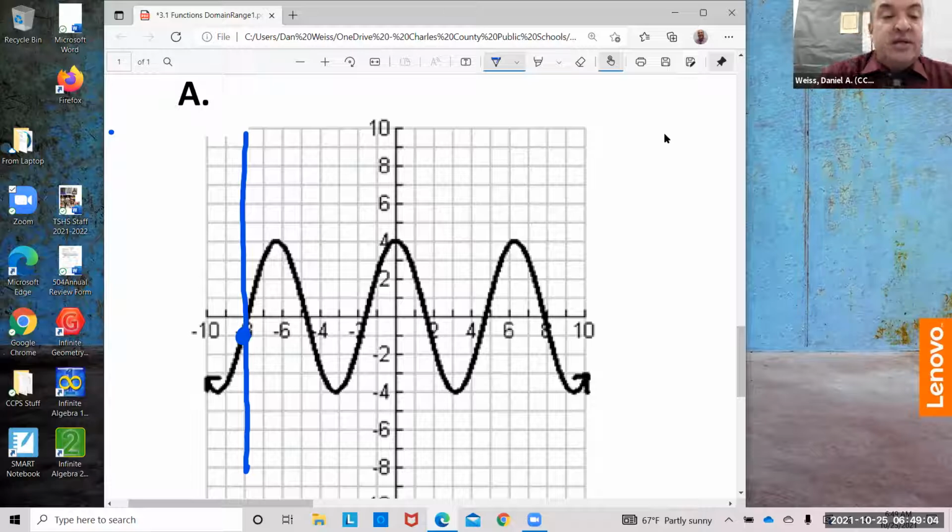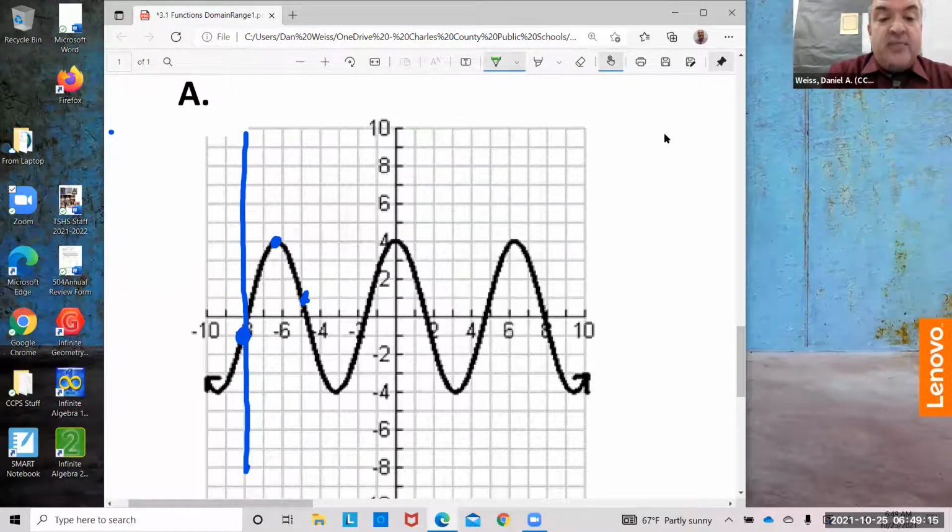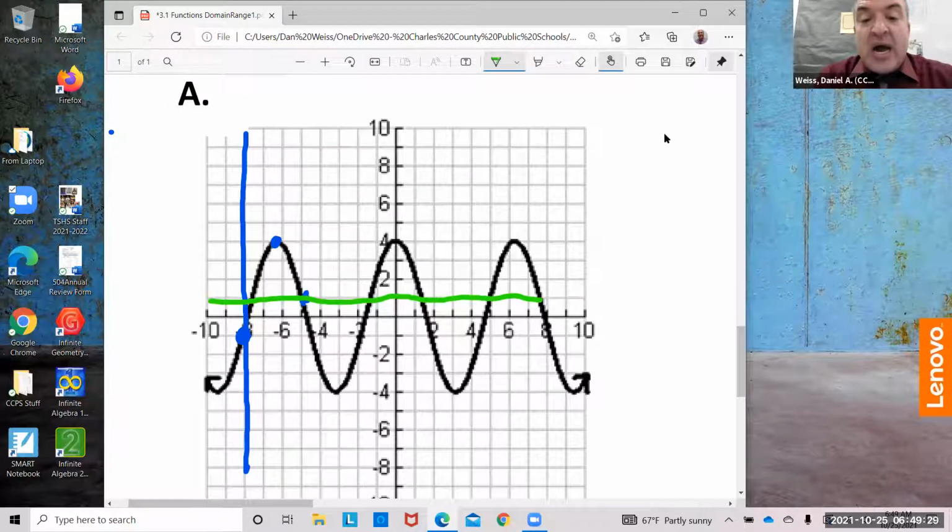But here you can see the x only happens once. Now you can check here, y equals 1 here, and here, and here. That's okay. The y can repeat. As long as the x does not repeat, it's a function.